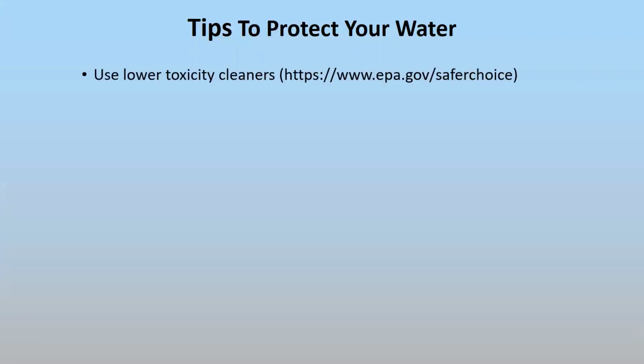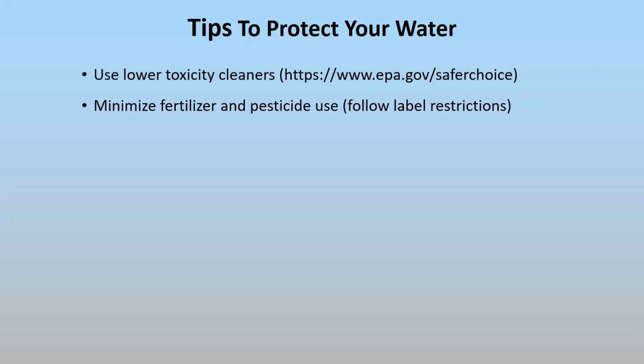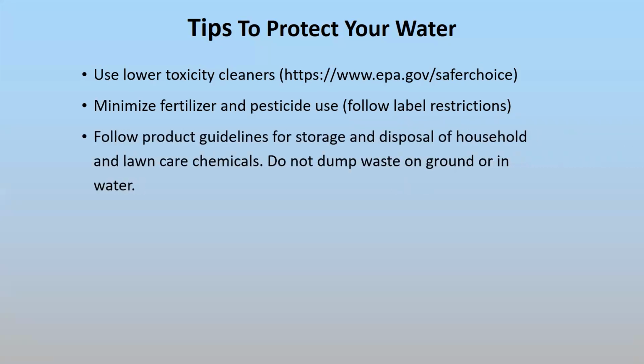Other tips are to shift to lower toxicity cleaners, and EPA has a great resource there, the Safer Choice, to give examples of different types of lower toxicity cleaners. Minimize your fertilizer and pesticide use, especially around your well, and consider using some integrated pest management practices to reduce your pesticide use.